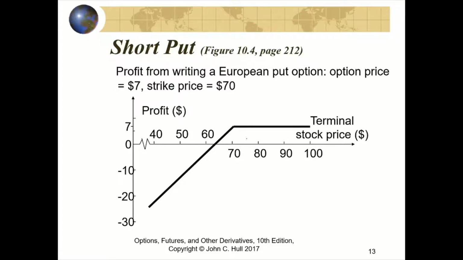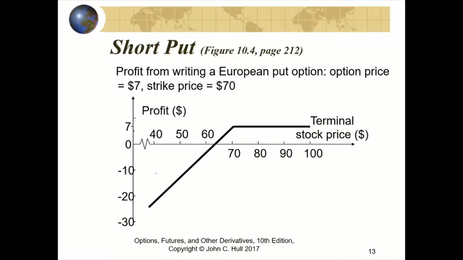Now, is there a limitation on the profit that the short investor will receive? Yes, the maximum profit he will receive is the premium he got from the buyer of the option. Is there a limitation on the losses for a short put position? Yes.